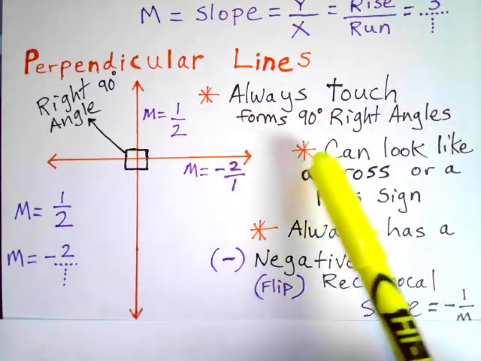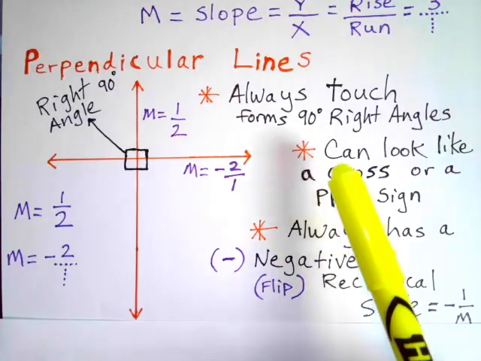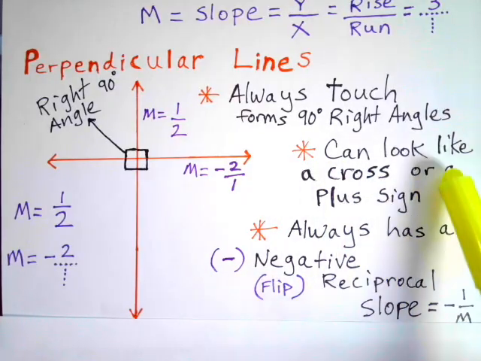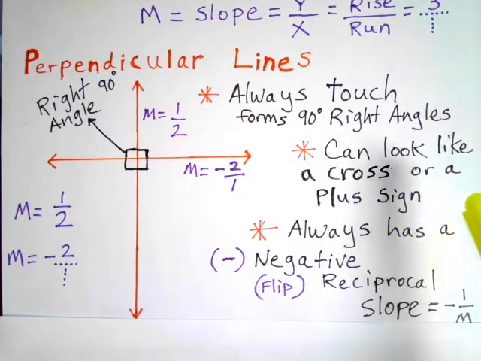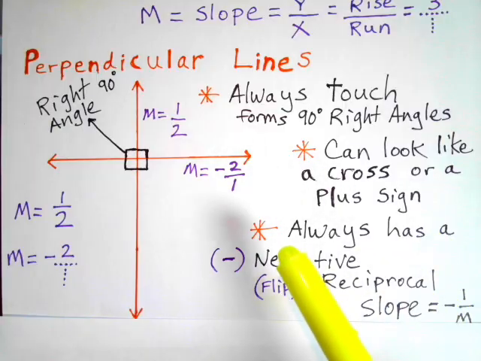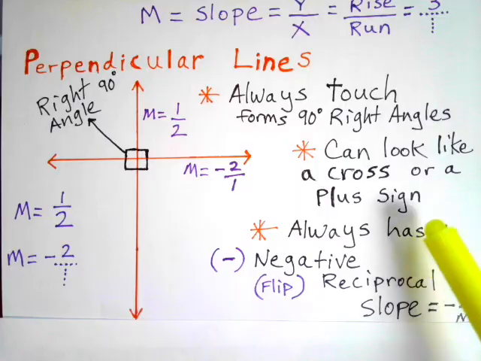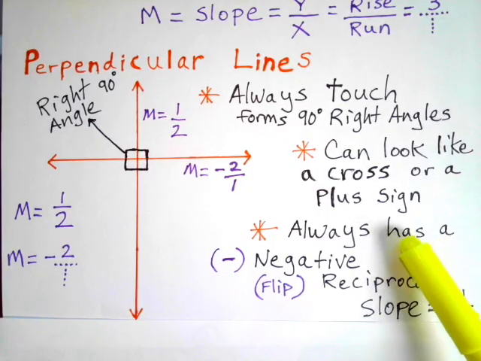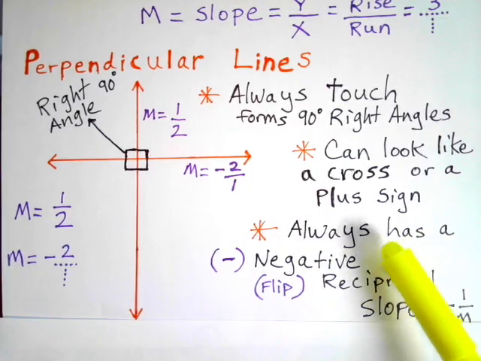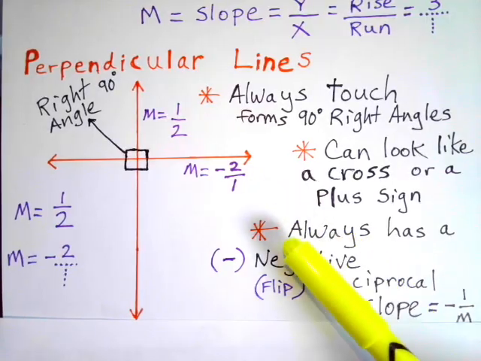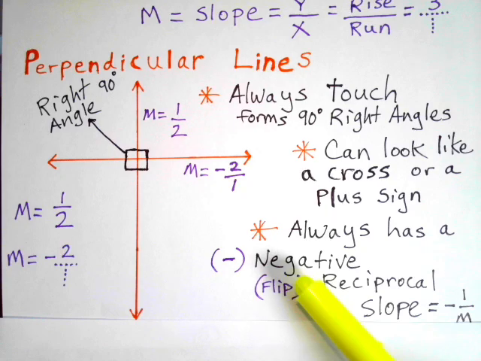So they always touch, they form 90-degree right angles, and they can look like a cross or a plus sign or a T. They always have, or it has... no, that doesn't sound right. Okay, it always has a negative reciprocal slope, right?